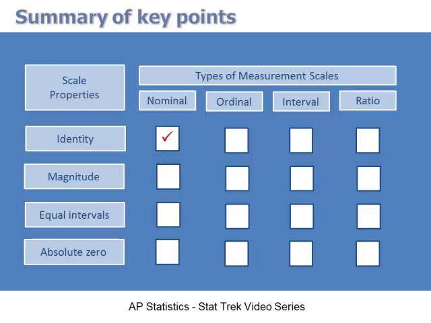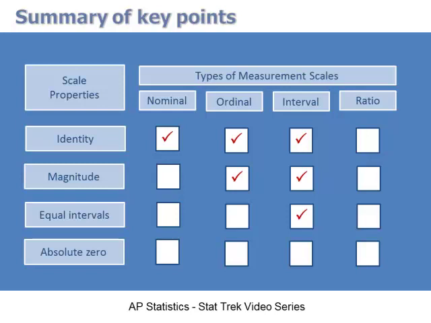Ordinal scales allow a little more precision. Just like nominal scales, they allow you to categorize objects, and they indicate rank order. But they do not permit arithmetic operations like addition and subtraction. Interval scales do everything that ordinal scales do, plus they define equal intervals, which make it possible to add and subtract values.